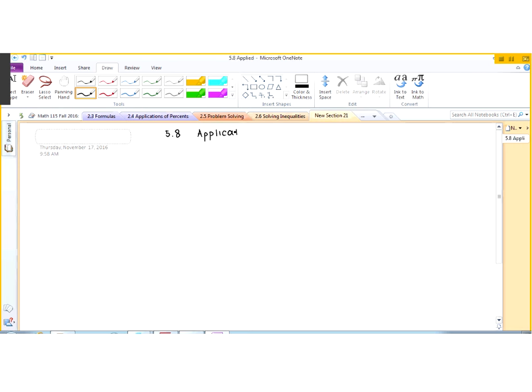5.8 is applications. So let's start with the Pythagorean theorem. There are other applications, and there are some where you just have to substitute the value.